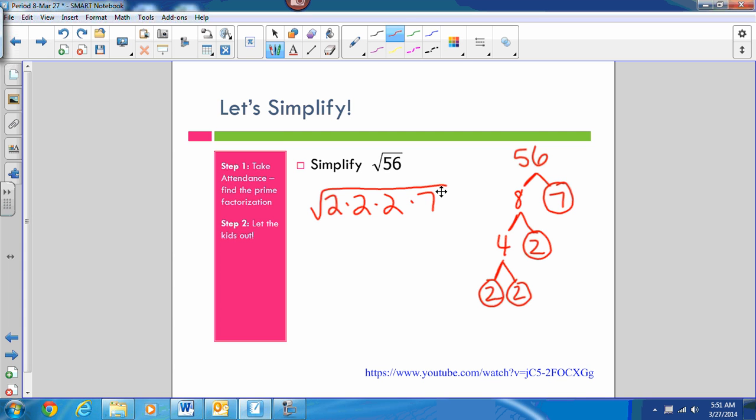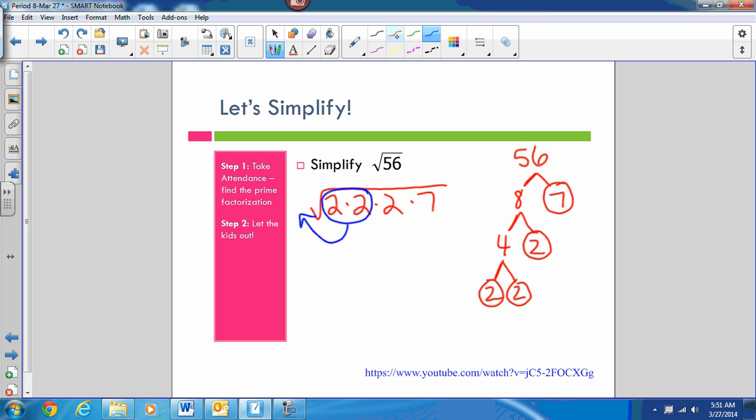Now, like I said, since there's no 3 here, that means that our index is 2, which means that we can take numbers and kick them out of the daycare center or house, however you want to think about it, in groups of 2. So do I have any pairs of numbers? The answer to that question should be yes. Good, that's right. So I have this pair of 2s. That means that can get kicked out.